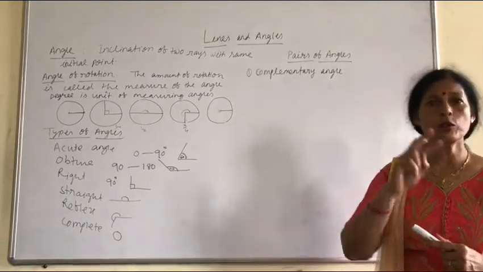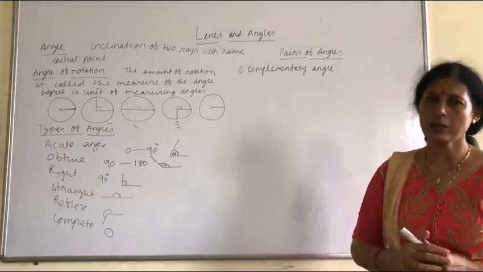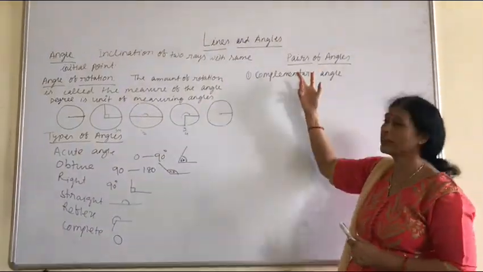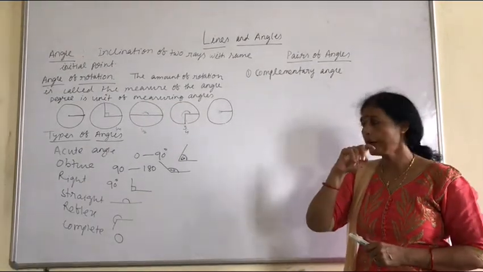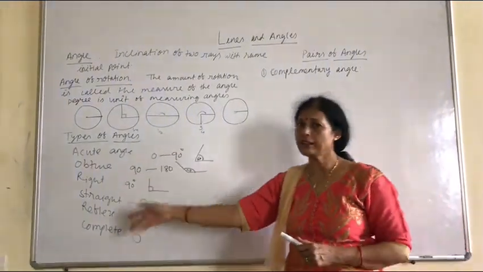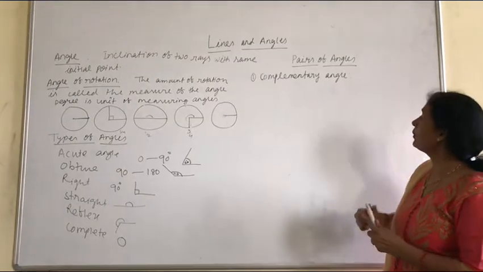Then both the angles are said to be complementary. They are pairs of angles, the relation between two angles. They are not single angles, they are pairs of angles. Complementary angles.